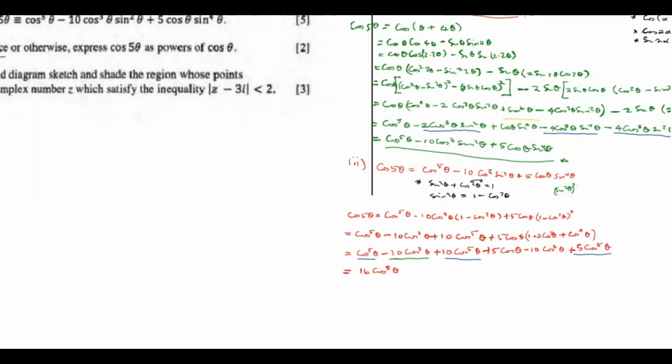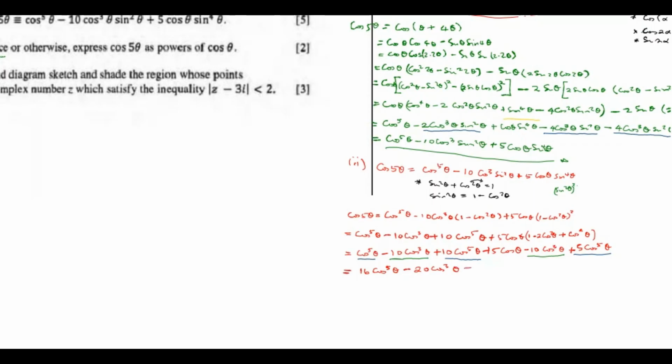So it's going to be minus 20 cos cubed theta. Then we take the one with cos theta, which is going to be plus 5 cos theta to get that. Then we go to the last question.